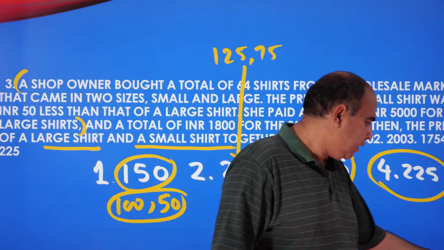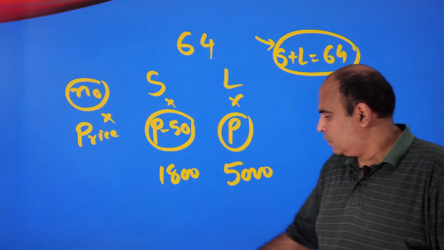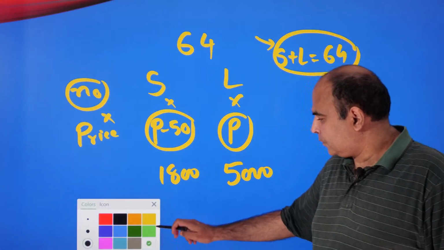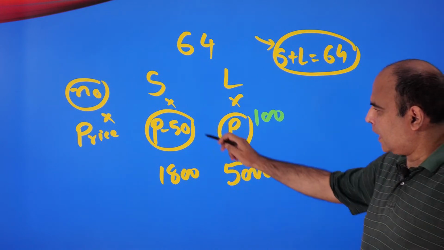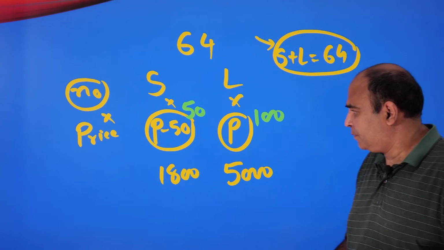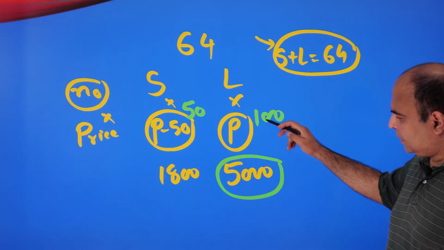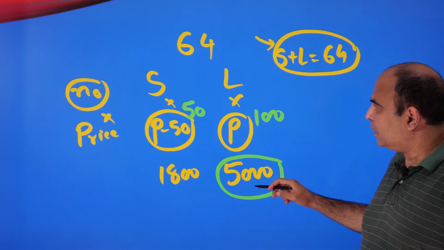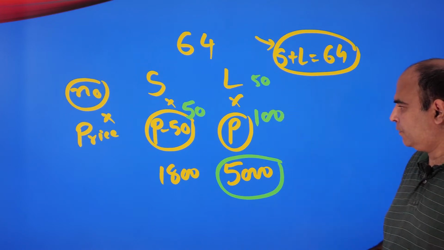And I say, okay, let me try to insert these numbers into the price. So let's see what happens if I insert the value of p as 100 and p minus 50 as 50. Now from this logic, if p is 100 and I have spent a total of 5,000 rupees on the larger shirts, the number of shirts I get here is 50.